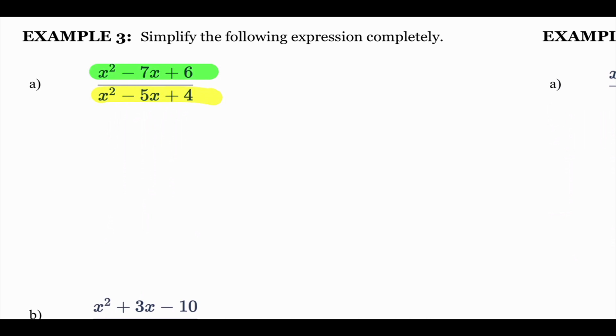X squared minus 7x plus 6. Can't set it equal to 0. Does the green have a GCF? Is there something I can divide them all by besides 1? No. Yeah, there's nothing there. Okay. ABC then. Okay, so let me just do ABC.